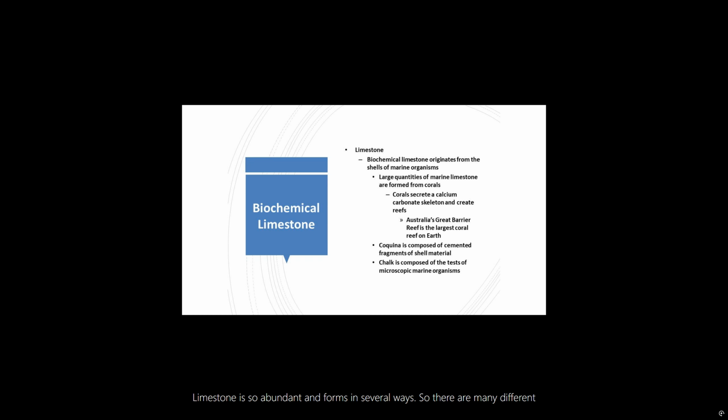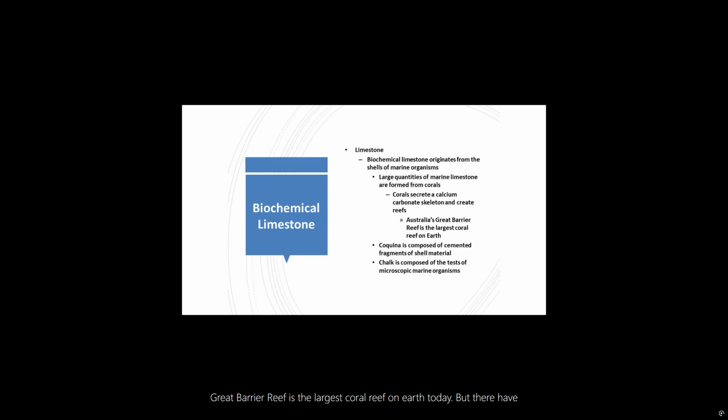Limestone is so abundant and forms in several ways, so there are many different ways to classify it. Biochemical limestone originates from the shells of marine organisms, for example. Large quantities of marine limestone are formed from corals. Corals secrete a calcium carbonate skeleton and create reefs.